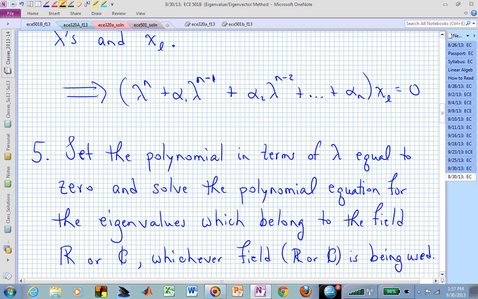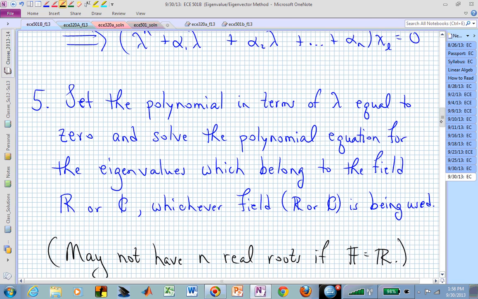And remember what T was. T was a linear operator that was of dimension n by n. That gave rise now to this nth order polynomial in lambda. Now let's set that polynomial in terms of lambda equal to 0 and solve for the values lambda that force that equation to be 0.